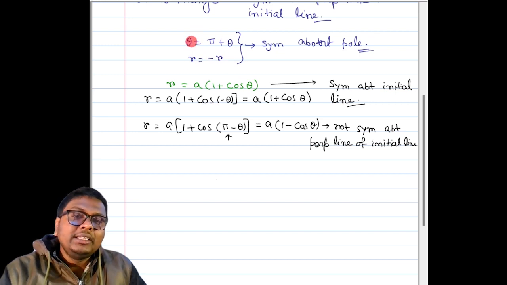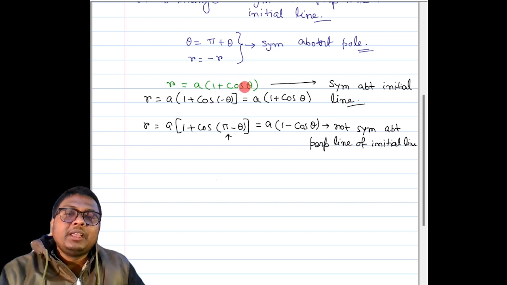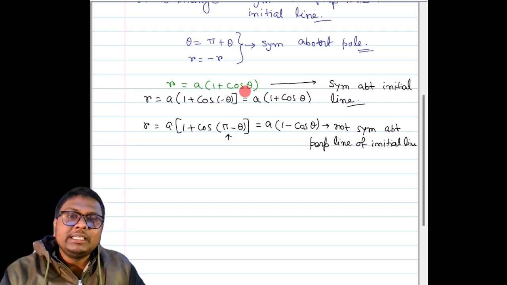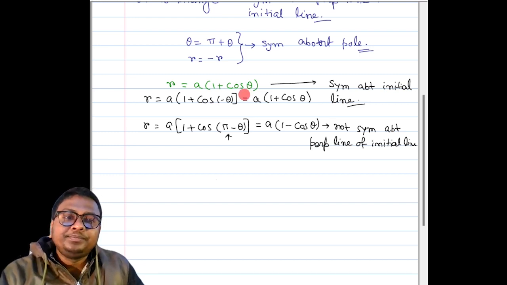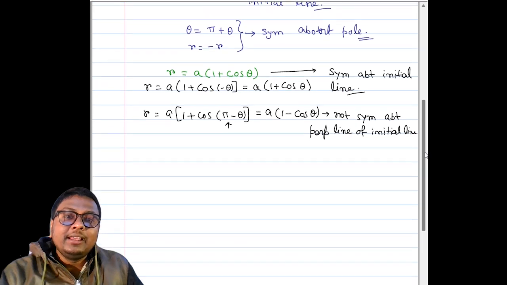And for theta equals pi plus theta, cos of pi plus theta is in the third quadrant, where cos is negative, so it gives r equals a into 1 minus cos theta. Again the equation is changed, so it is not symmetric about the pole. I hope all of you have understood how to check the symmetry. Next, origin.